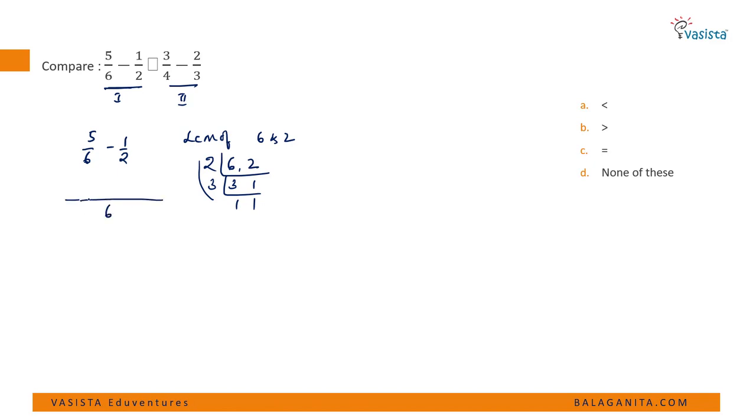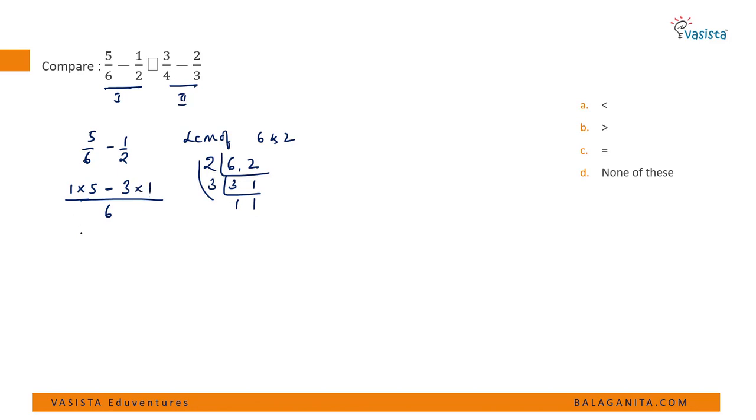Now you know how to simplify also. Divide 6 by 6, you are going to get 1. That 1 should be multiplied with the numerator 5, minus, so divide 6 by 2, that is 3, that into 1.